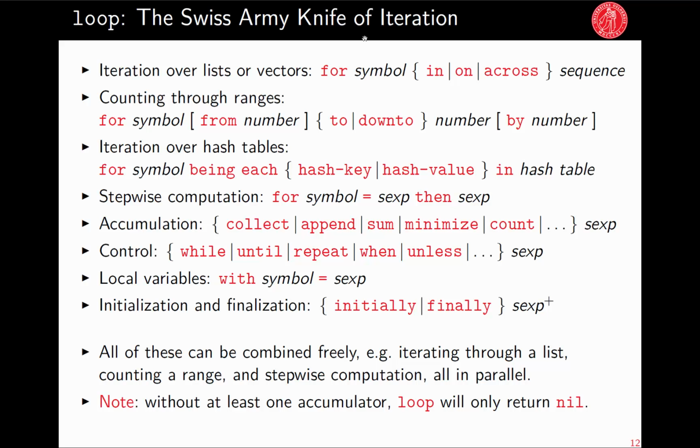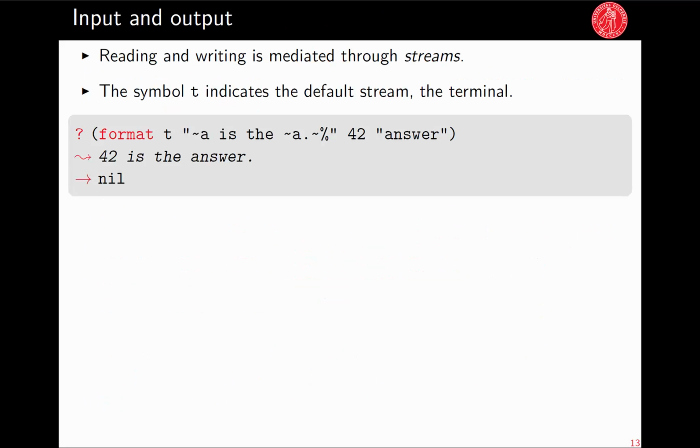Okay, so we had just finished up our quick tour of iteration in Lisp with loop. Now just a quick note about some various bits and pieces that we haven't managed to fit in other places. First, a quick note about reading and writing in Lisp, input and output.